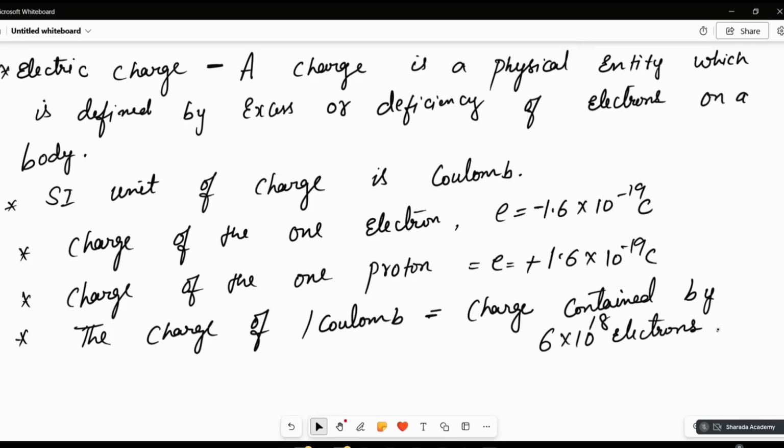Its charge is negative, 1.6 into 10 to the power of minus 19 coulombs. If I collect 6 into 10 to the power of 18 electrons together and add all the charges of each electron, that will be equal to 1 coulomb. That is the unit we consider.